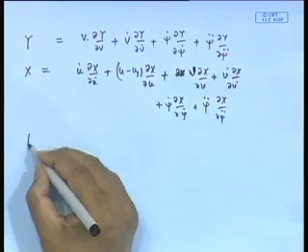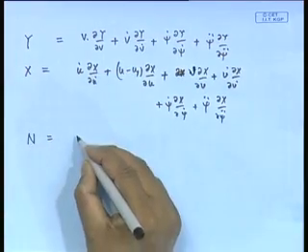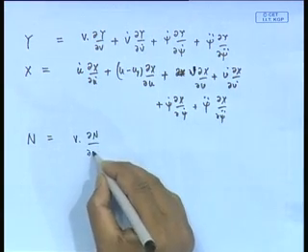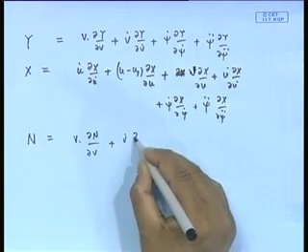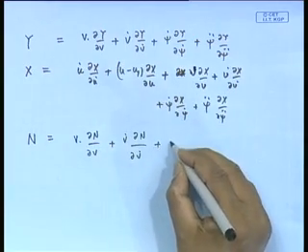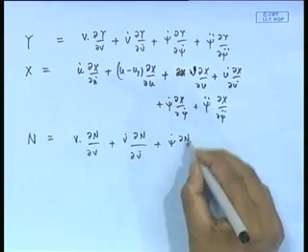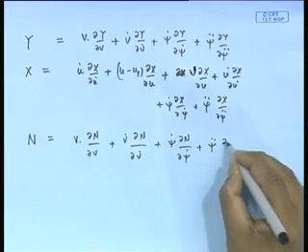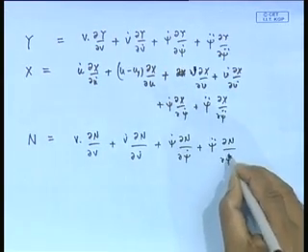But if I were to keep n for the same reason, n is going to be simply v dn by dv plus v dot dn by dv dot plus psi dot dn by d psi dot plus psi double dot dn by d psi double dot.